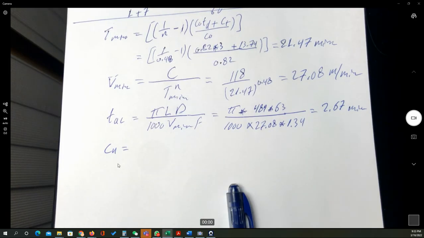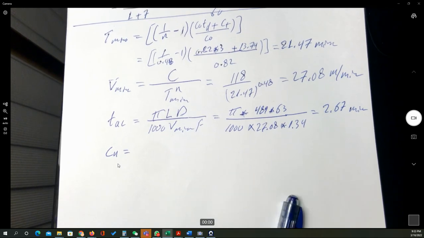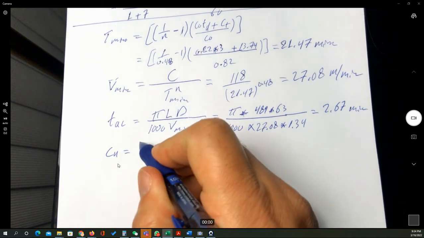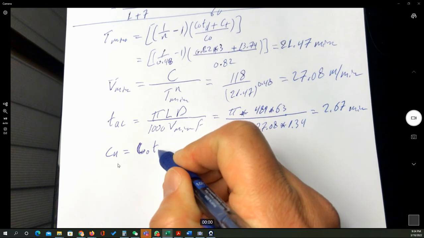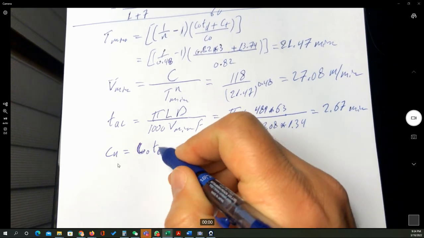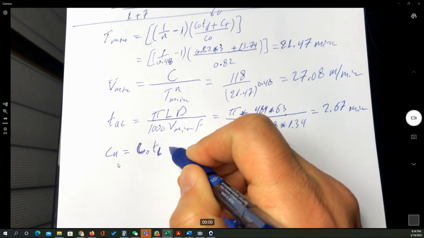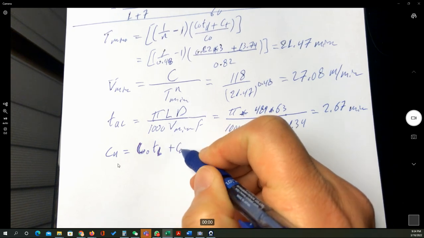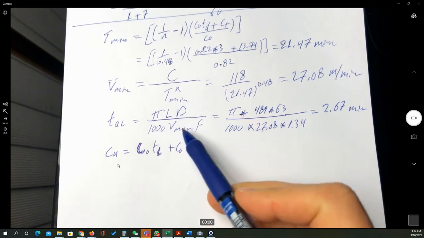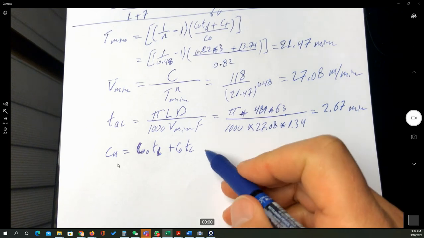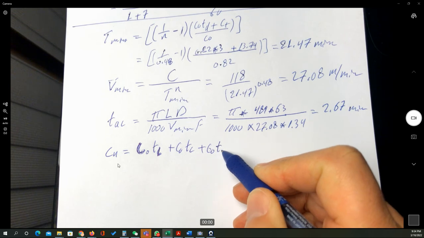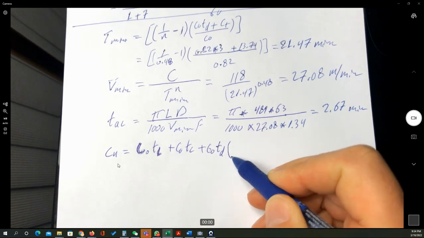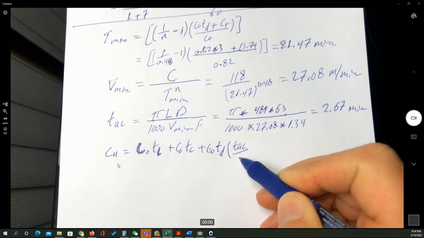Okay, so now we are going to go for the CU. The CU equation is the CO multiplied by the TL, the loading and unloading time, plus the CO multiplied by the TC, the one we just calculated, and plus the CO multiplied by the tool changing time multiplied by the TAC divided by the tool life.